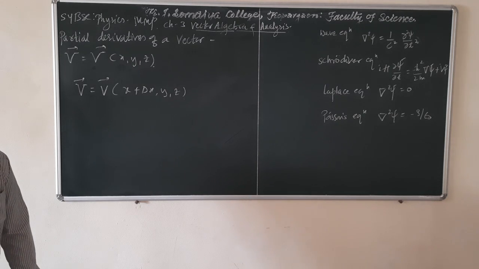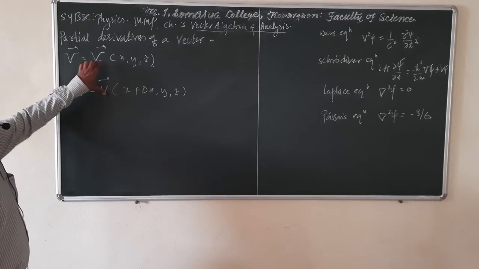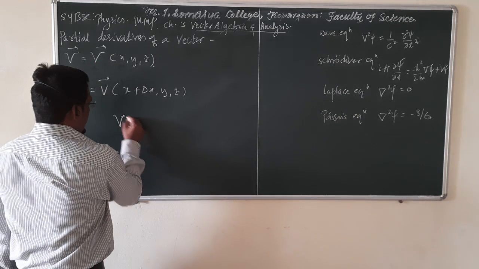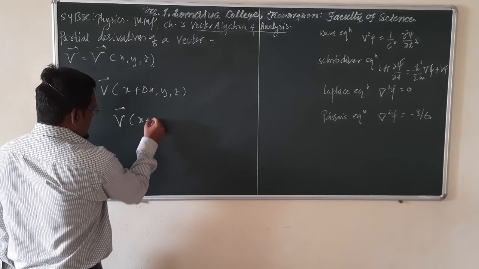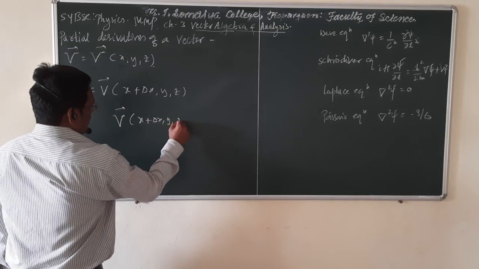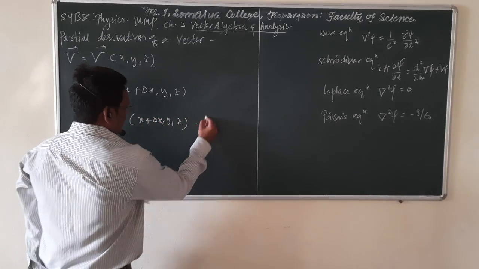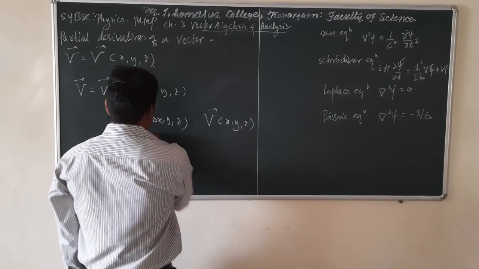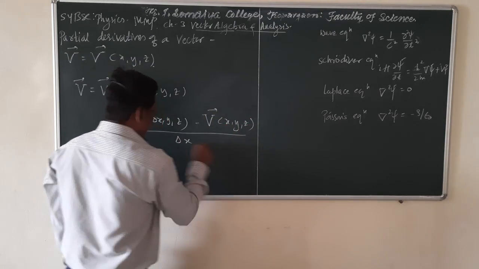For the definition of partial derivative, we take the subtraction of these two functions, v of x plus delta x, y, z minus v of x, y, z, divided by delta x.